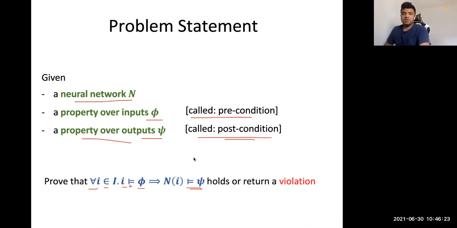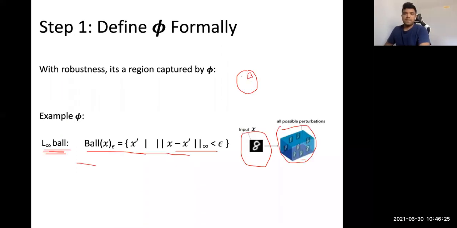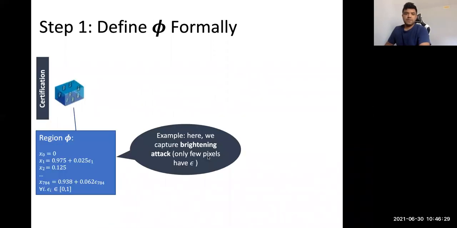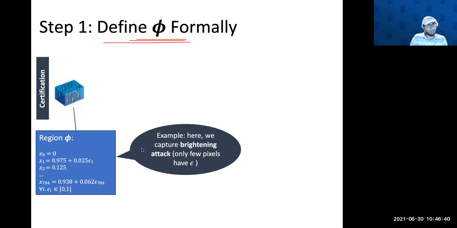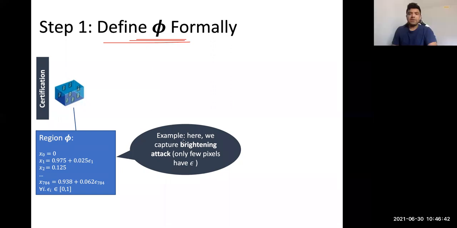Okay, sure. Here let's define our properties, our precondition phi, more formally. For example, here we are trying to capture a brightening attack.